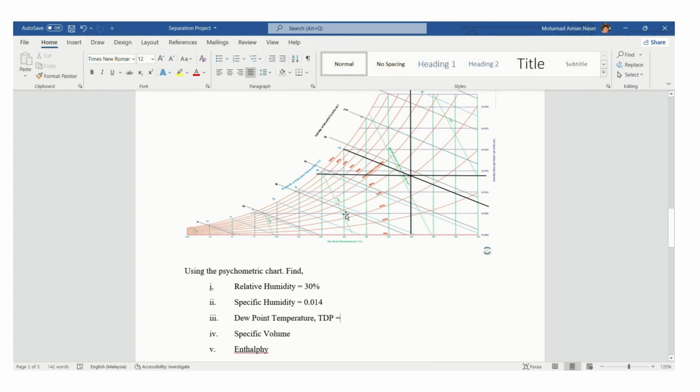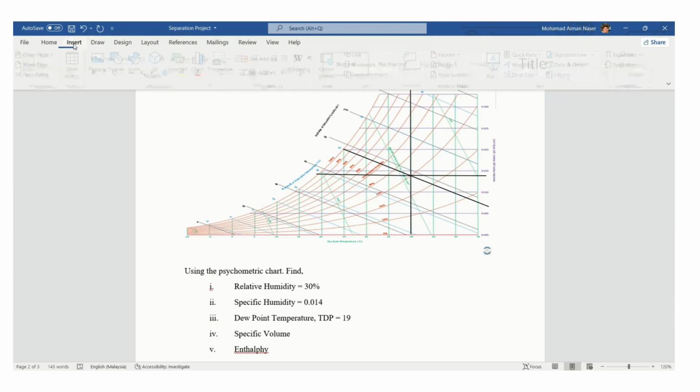So the dew point temperature is between 15 and 20. So the dew point temperature is near to 20. So we assume that it is 19 degrees Celsius.